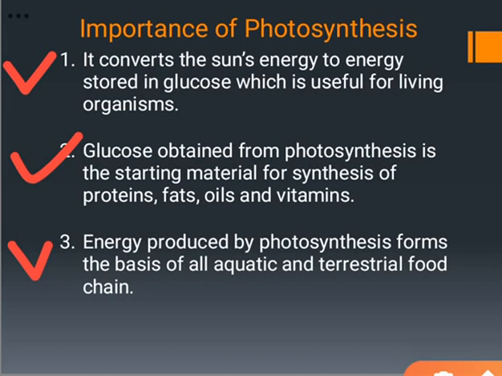The energy produced, that is, the solar energy that has been transformed into chemical energy in food in the plant, is what forms the basis, the foundation of all aquatic and terrestrial food chains. You see that all living organisms depend on photosynthesis.